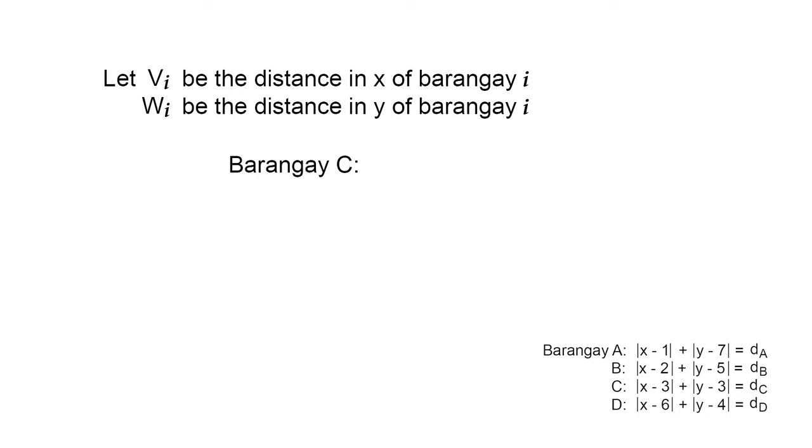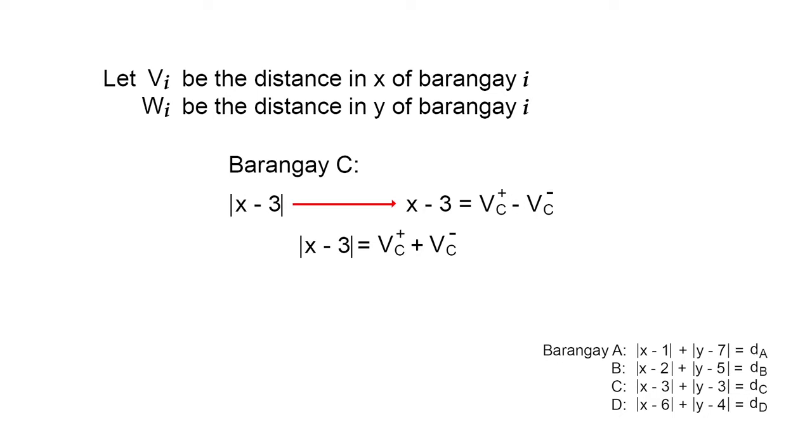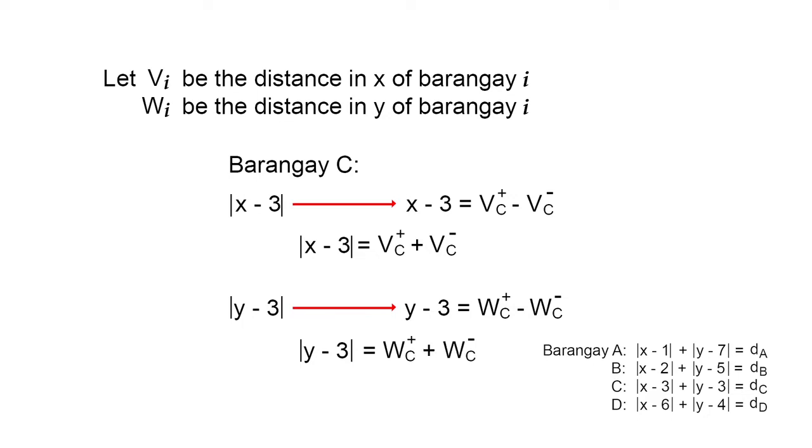For barangay C, it will be noted as x minus 3 is equal to VC plus minus VC minus, and the absolute value of x minus 3 as VC plus VC minus, and for the y distance, it's given by the absolute value of y minus 3, and y minus 3 is equal to WC plus minus WC minus, and the absolute value of y minus 3 is given by WC plus WC minus.